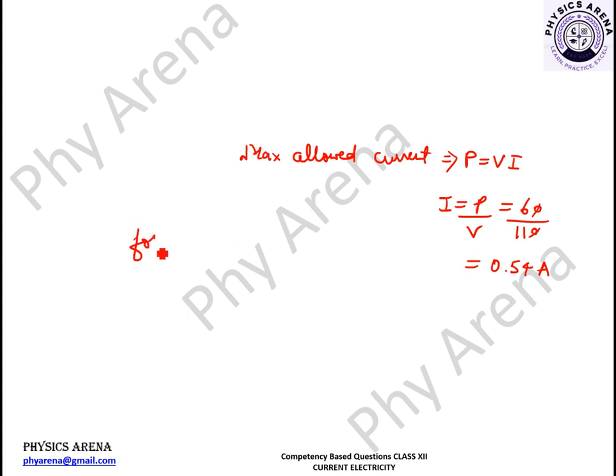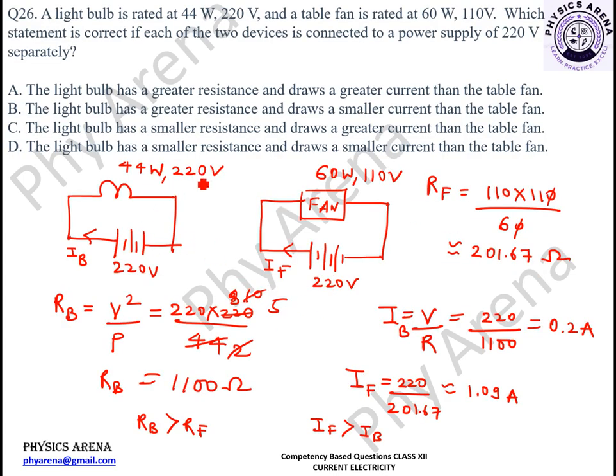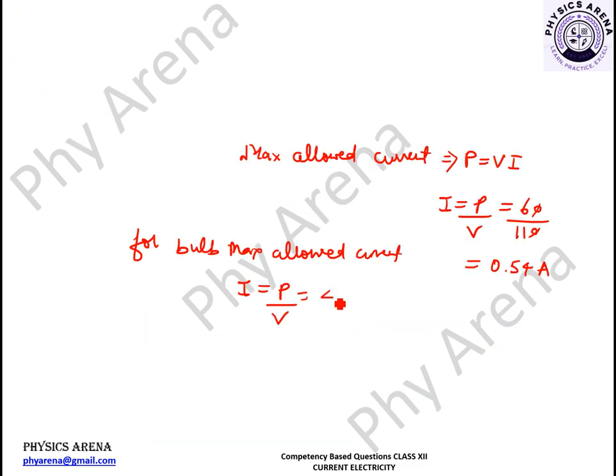And for the bulb, the maximum allowed current will again be I is equal to P upon V, that is 44 divided by 220, which is equal to 1 by 5, that is 0.2 ampere.